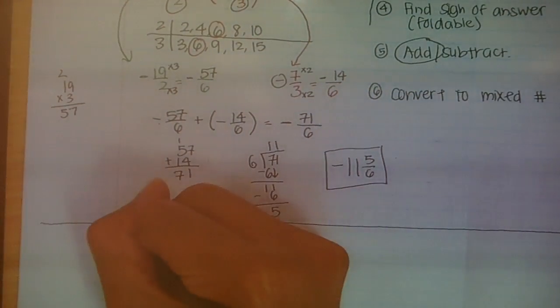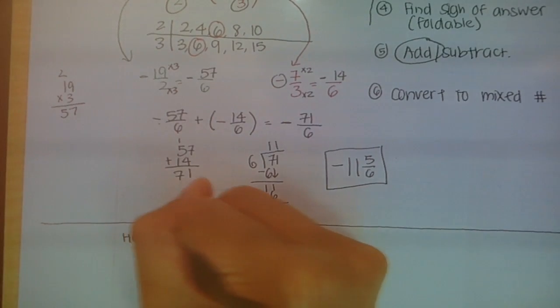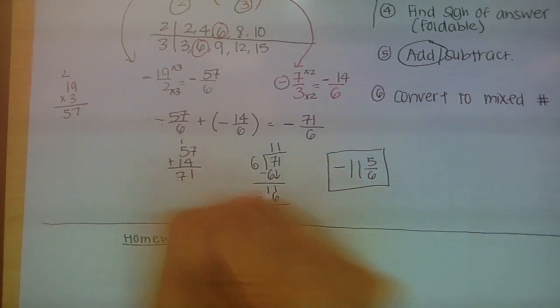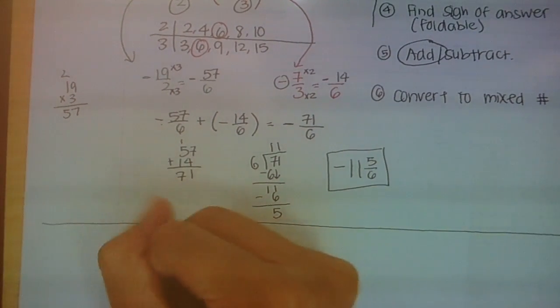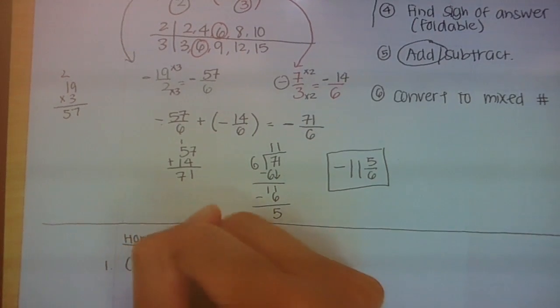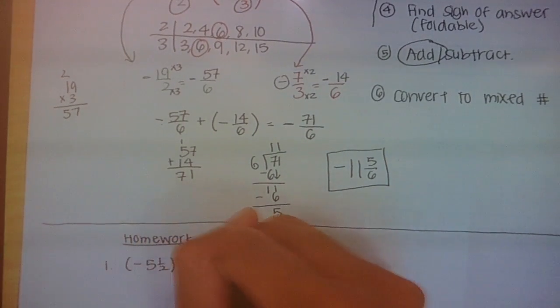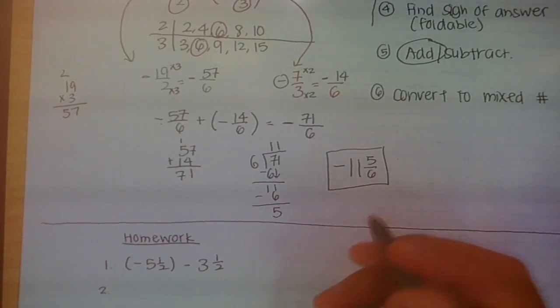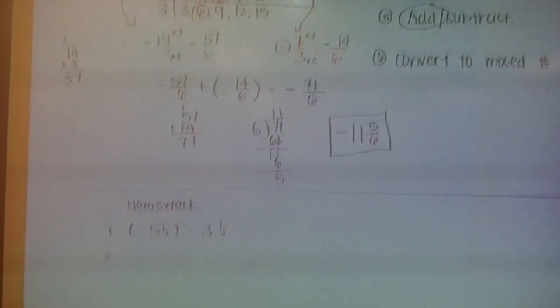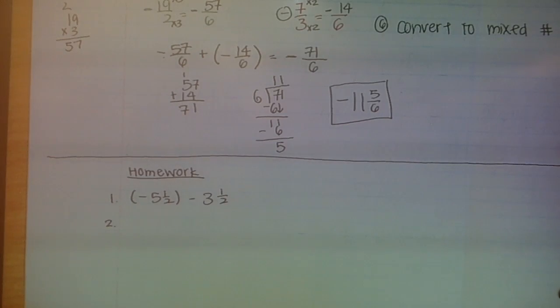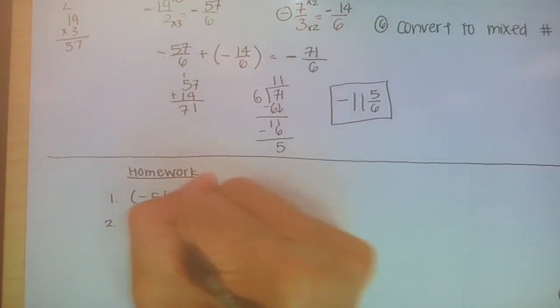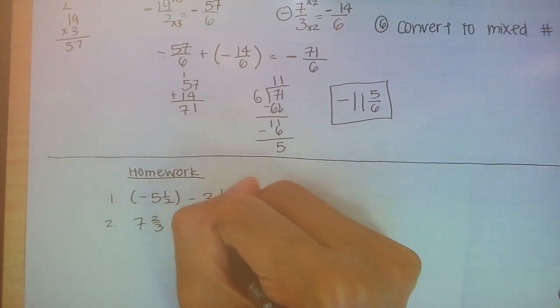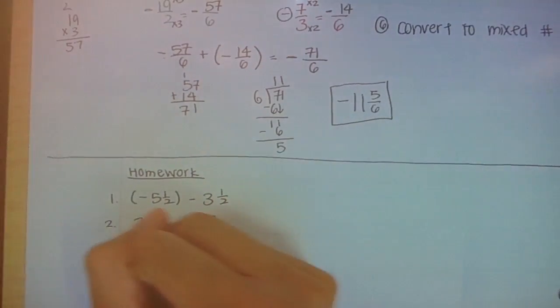Okay, here's your homework. 4 problems. We have negative 5.5 minus 3.5. Number 2 is 7 2/3 minus 3 5/6.